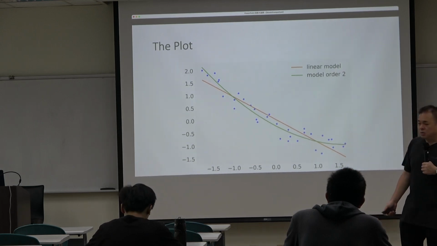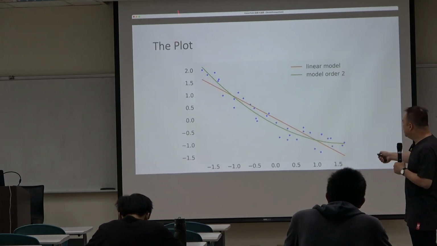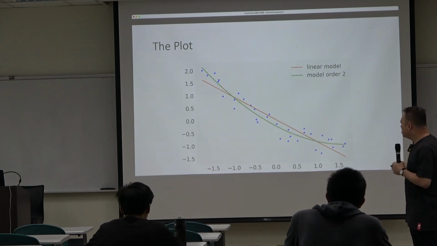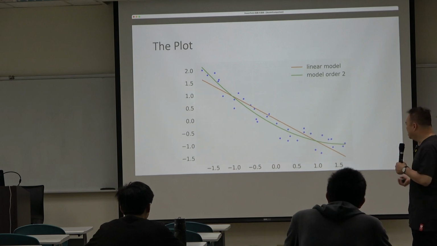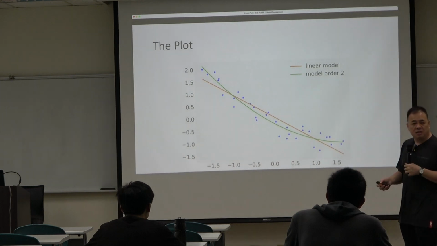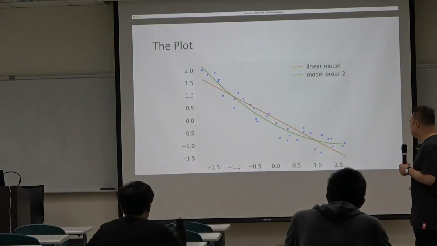So you can see on this figure that both models look fine, right? They sort of explain this data pretty well, visually speaking. So what do we do?